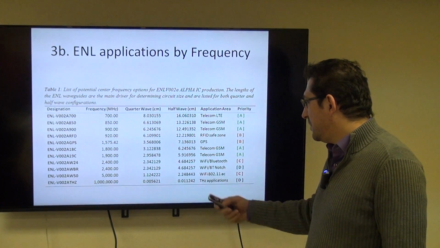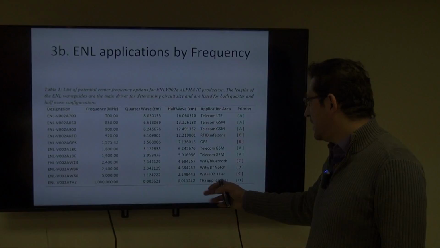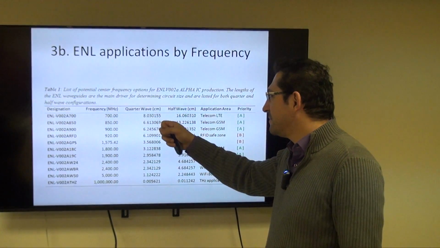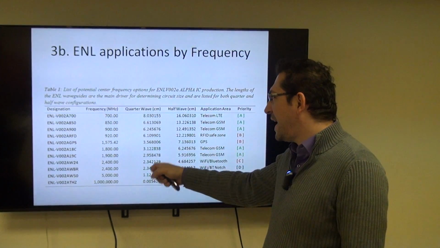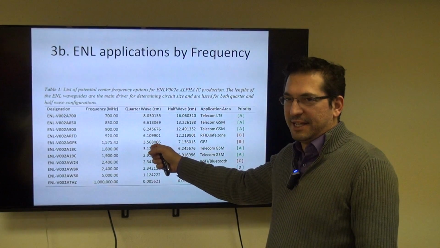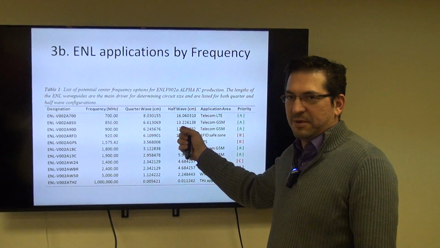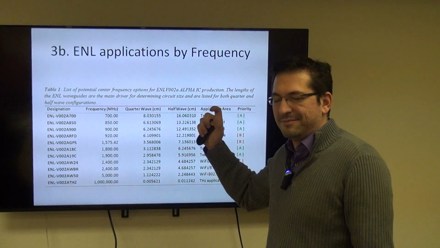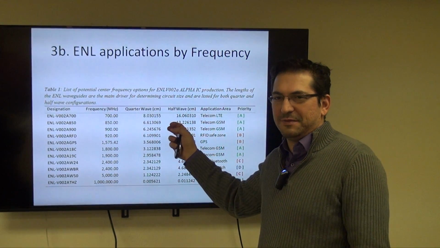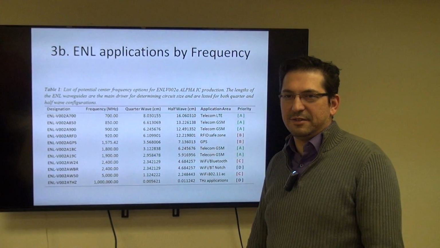And then we get as high up in the terahertz applications as we can. With the quarter wave, you have the benefit of half of the transmission line length, so you save some space. This uses a little bit less power, but it's not enough to justify switching from one design to another.